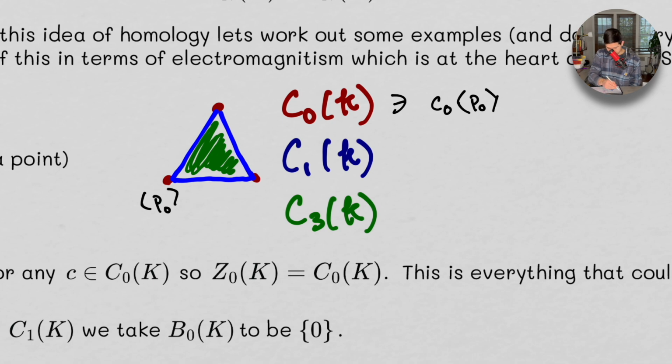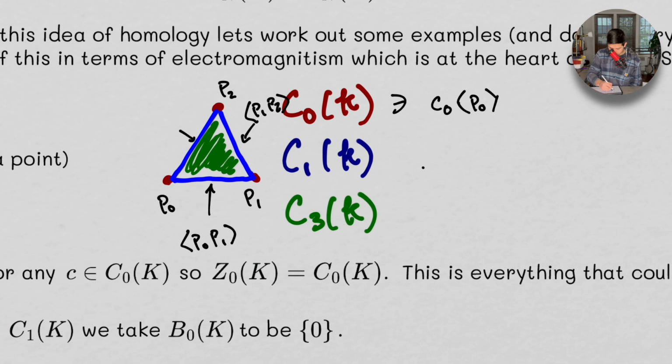and then actually we don't want the brackets to be technical about this, because the brackets indicate the entire set, and then this is going to be P1, it's going to be P2, and then this line is going to be P0, P1, this line is going to be P1, P2, and then we want the brackets, and then this line is going to be P2, P0, right?